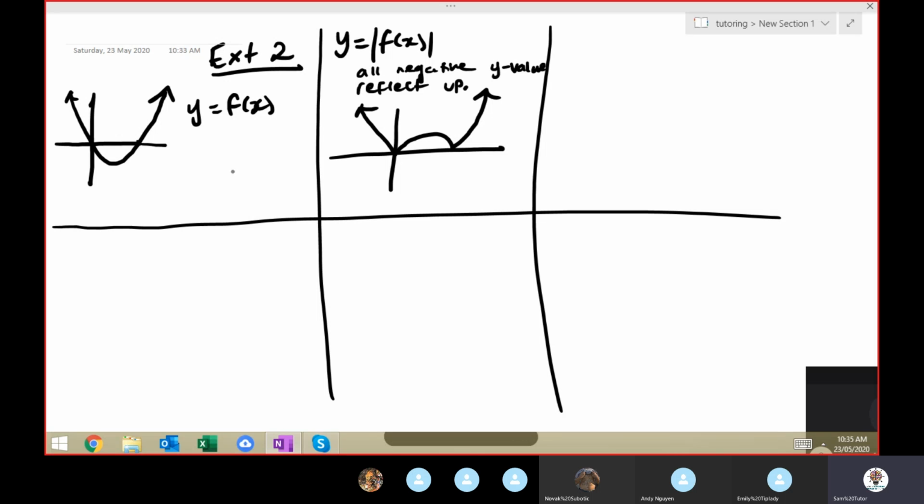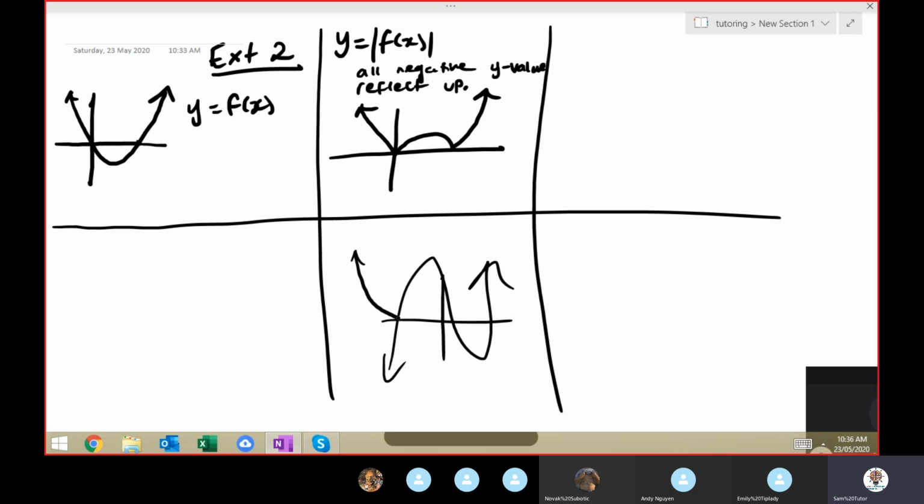So if you can memorize this, this is what I was trying to say. You memorize this becomes this for that, then that way you'll remember. You don't really need to memorize the words, because once you memorize the diagrams, you'll know what's happened there. You'll know, oh yeah, the negative just flipped up. So if I gave you any other question, and I said, all right, now the absolute value of it, you'll just be like, oh yeah, I get it.